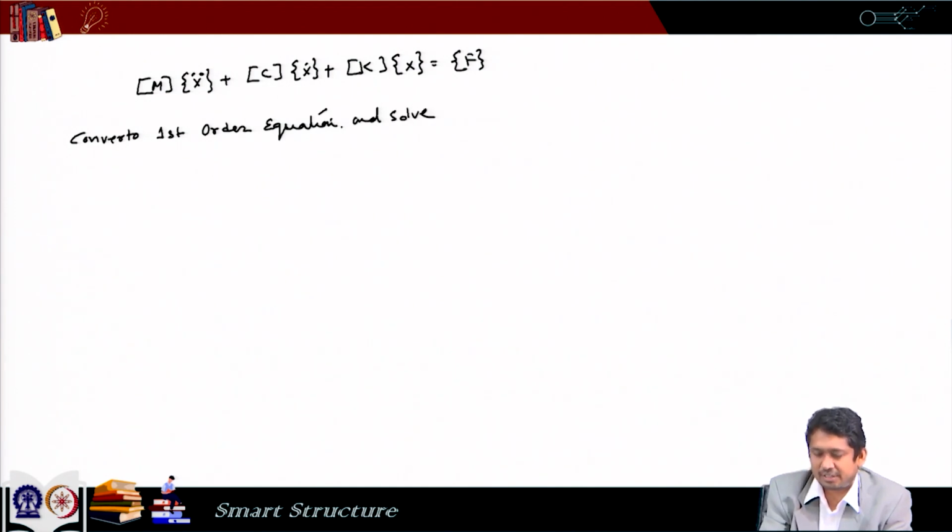So, it is a second order differential equation, we will convert this to a first order differential equation and let us assume that their size is n. So, these are all n by n matrices and all the vectors are n by 1.